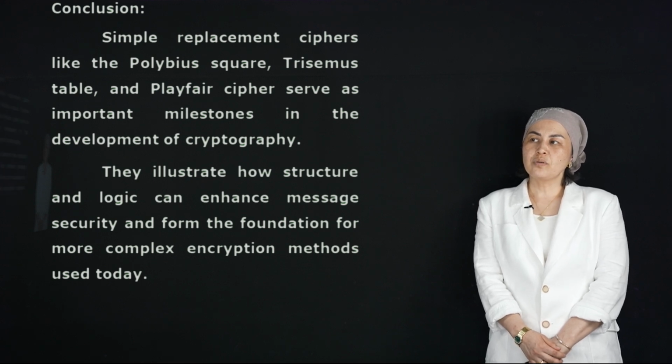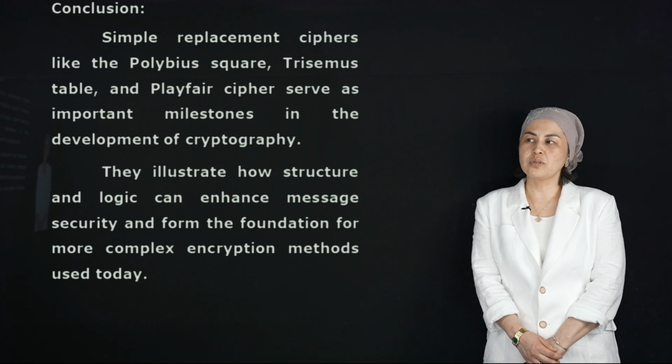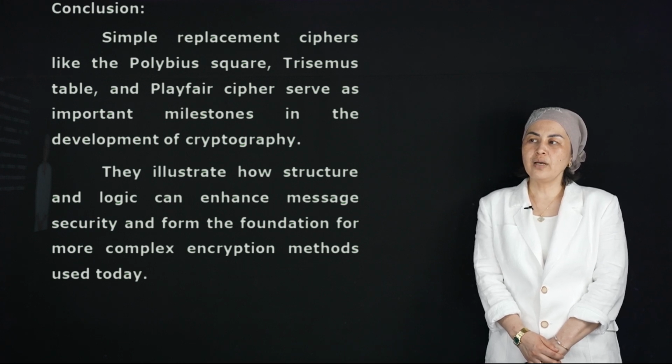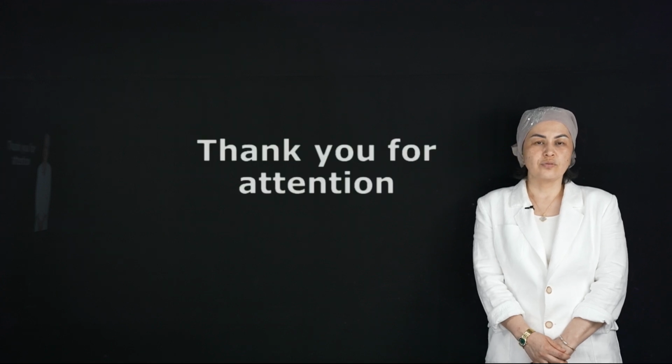Conclusion: simple replacement ciphers like the Polybius square, Trisemus table and Playfair cipher serve as important milestones in the development of cryptography. They illustrate how structure and logic can enhance message security and form the foundation for more complex encryption methods used today. Thank you very much for your attention.